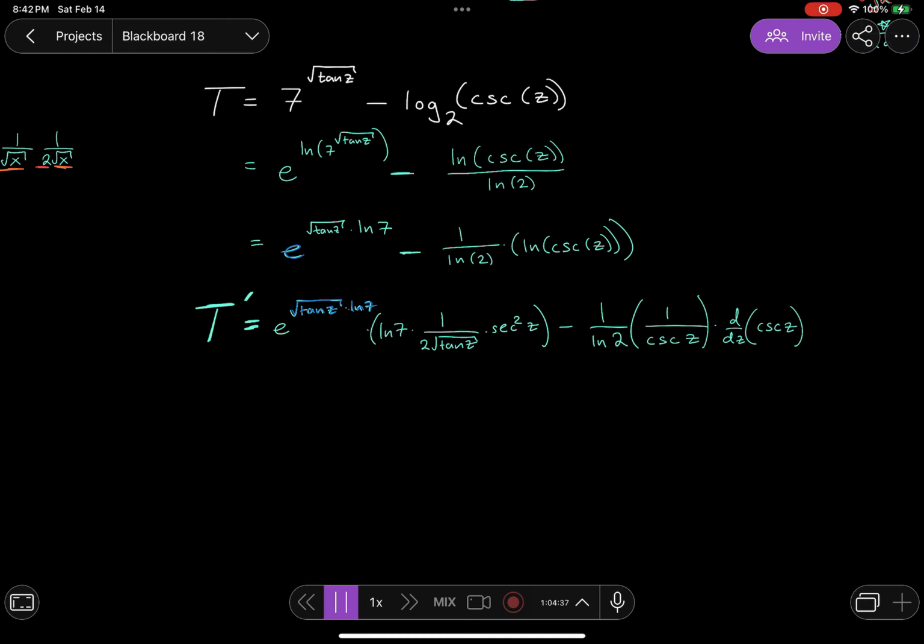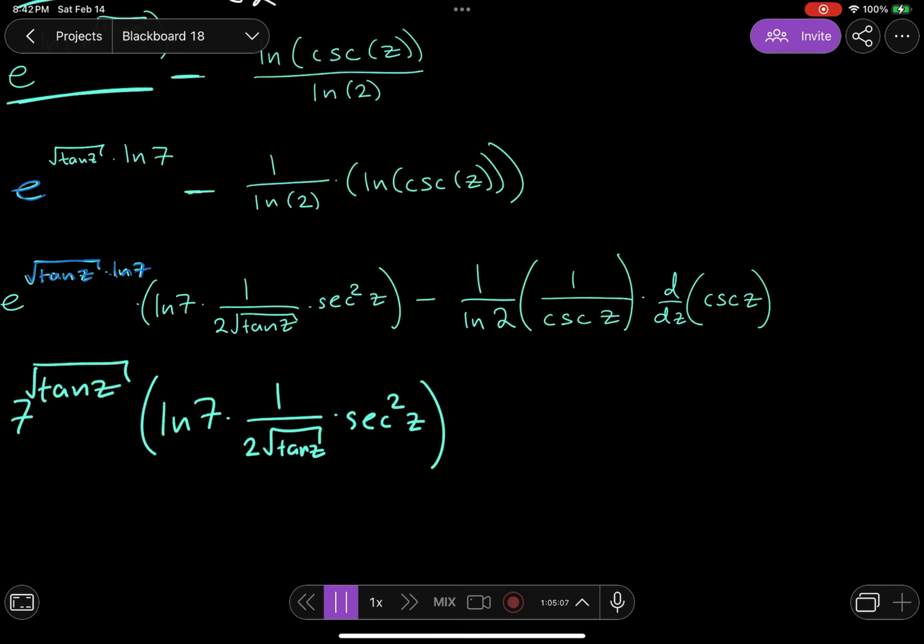Okay, so cleaning up here. I don't know if we can clean up. So this object, like we have here, that's just 7 to the power of root tangent z, times the natural log of 7 times 1 over 2 root tangent of z times secant squared of z. And I can definitely make that look better, but I want to focus here.